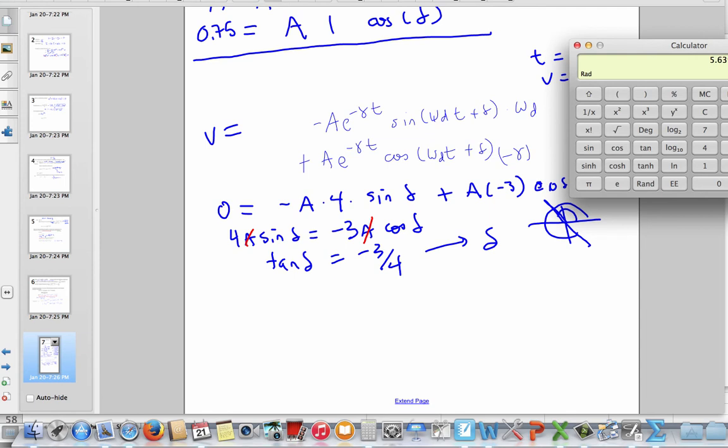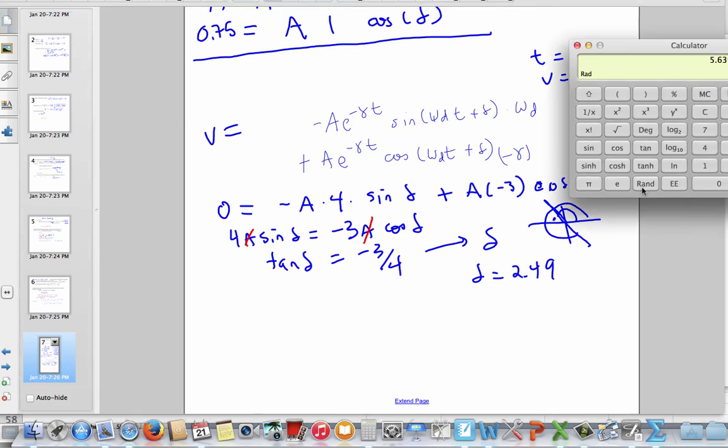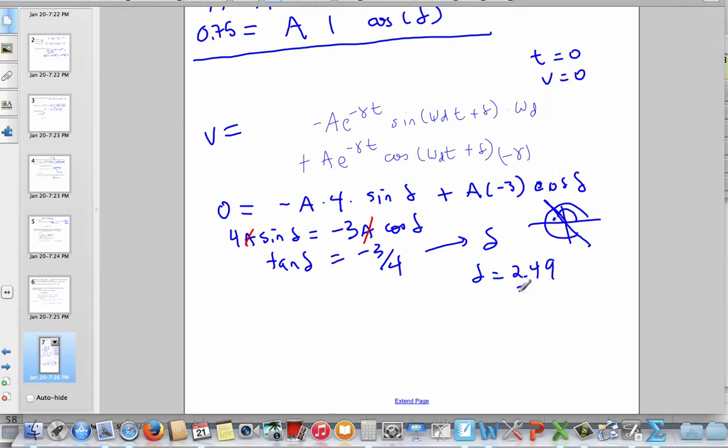Okay, so when we solve that equation, we get a reference angle of 0.69 rads. And so this is pi minus 0.69, so 2.49. And this is 2 pi minus 0.69. So what was that? That's 5.64 rads. Now, which of those is going to be the correct one? Well, we know that the position's positive, and that's a cosine.